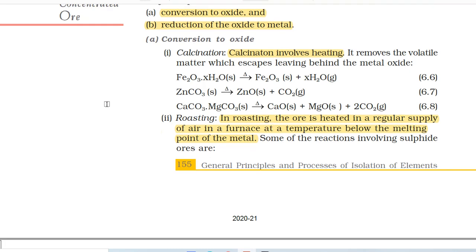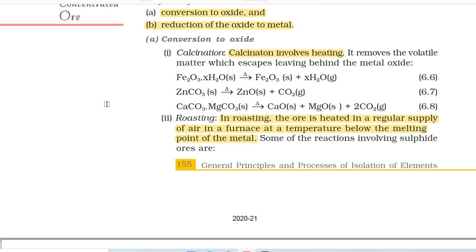ZnCO3 in solid phase in presence of heat gives ZnO in solid phase plus CO2 in gas phase. CaCO3·MgCO3 in solid phase in presence of heat gives CaO in solid phase plus MgO in solid phase plus 2CO2 in gas.